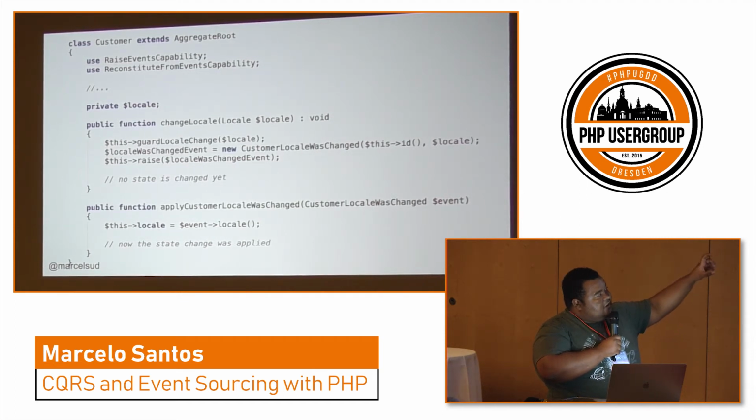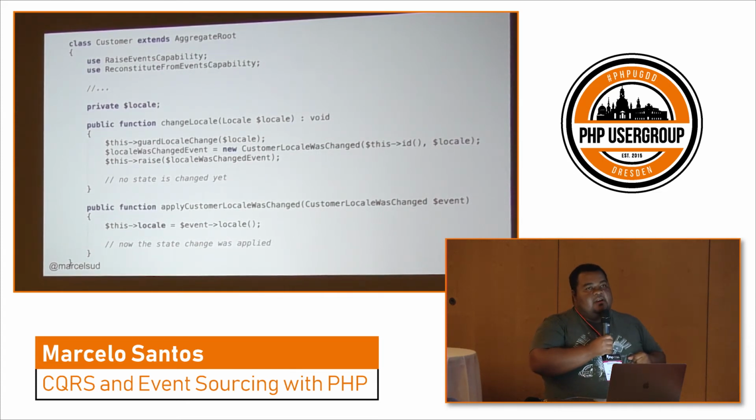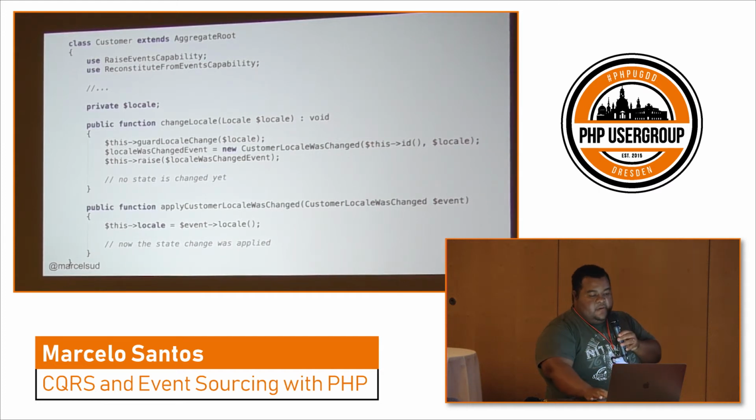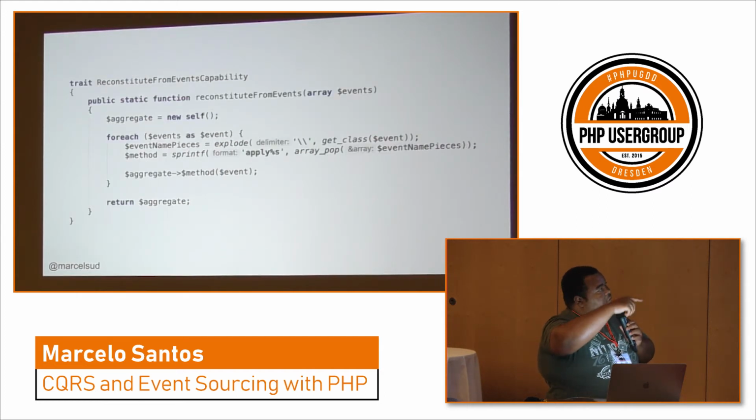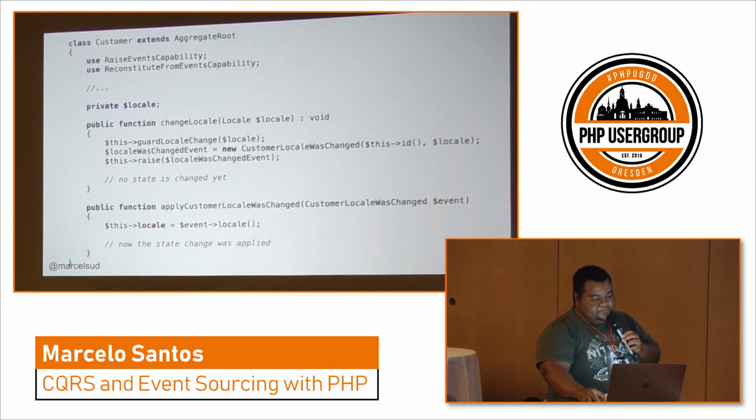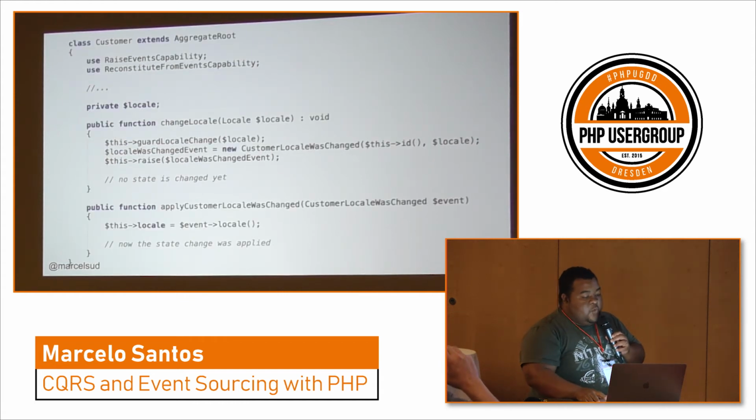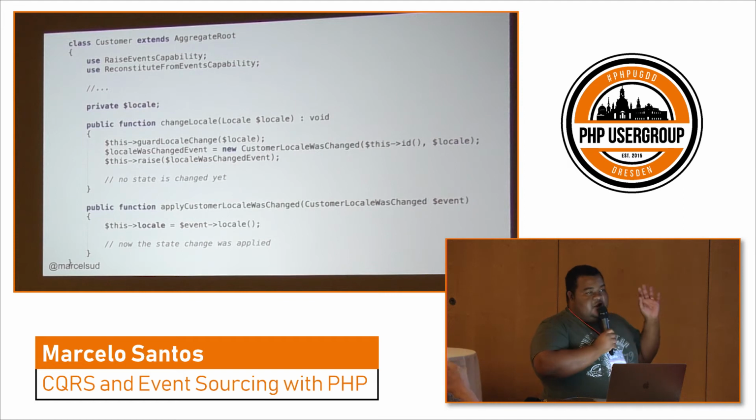I only update the state when I call this apply customer locale was changed, which is when I am reading from the event list. And why do we need to do that? Because if you need to reapply all events back from the beginning, you don't want any side effect in your code.